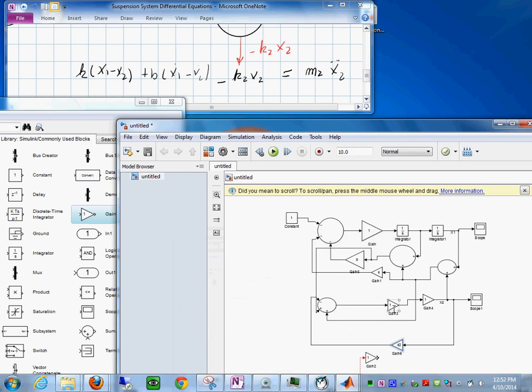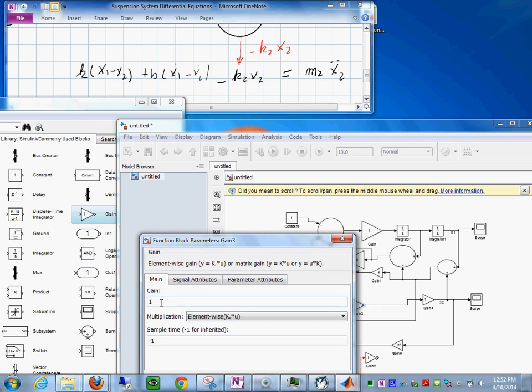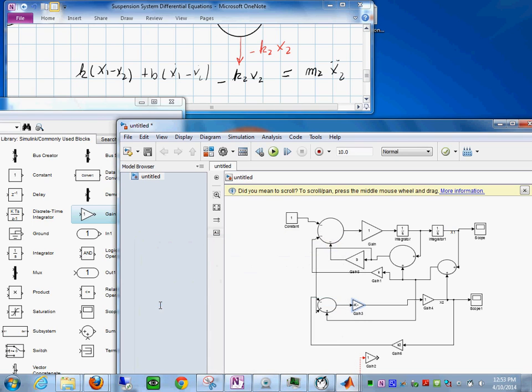Okay, what is the gain over here? No, we do not have a gain over here. We have a gain just of 1 over m. One over m. And then we need to do the two integrators, because I don't see that here either.